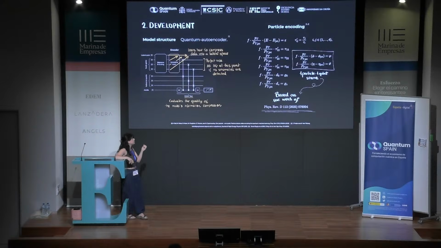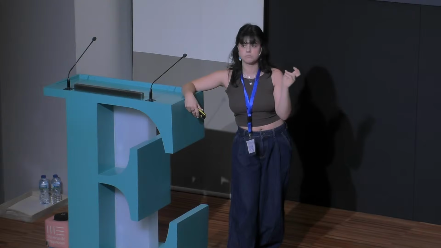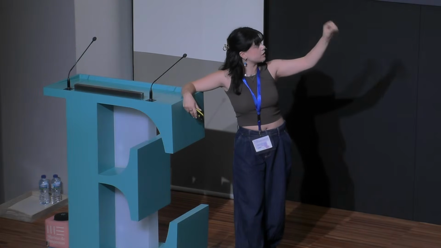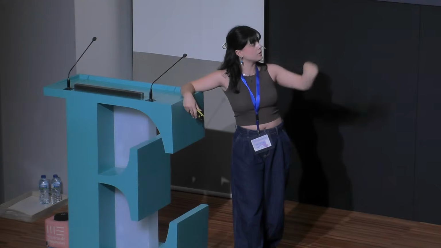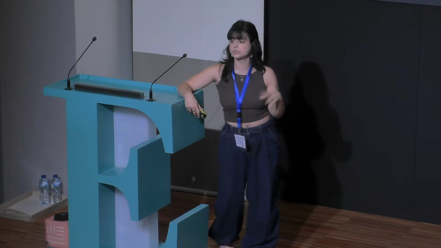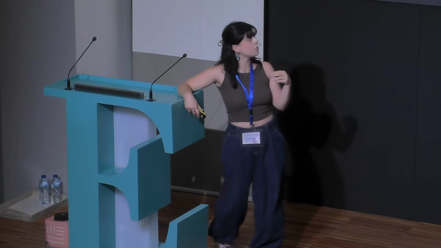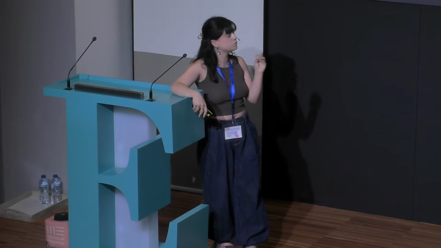Also, speaking about the reference model and the particle encoding, in the reference model, they present a new type of encoding of particle information. They encode 1 particle per qubit. In their case, they use the azimuthal angle and the pseudo-rapidity, both normalized with the transverse momentum, to obtain 2 angles. And using rotation gates, they encode the information of the particle. In our case, as we have 2 more angles, we can try to introduce more information.